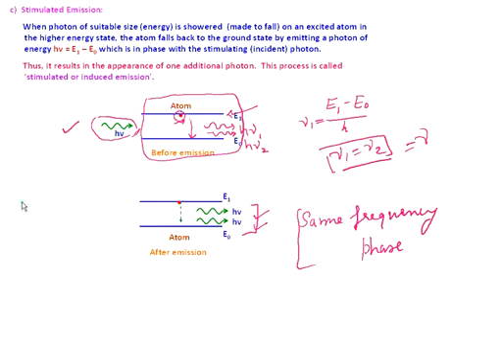And now if you have to find the transition probability P21 double prime: P21 we use for the emission process, but single prime we use for spontaneous emission, and double prime we take for stimulated emission. Now this is the stimulated emission process, and the transition probability we can define only when we have a large number of atoms.